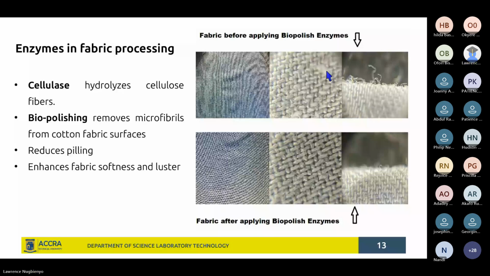That is before the biopolishing. But when you look below, that is the diagram after biopolishing by enzymes. That is after the application of enzymes to the fabric to hydrolyze these small cellulose hairs that are protruding from the fabric. You see the fabric is looking finer. It's looking smoother because those little hairs are removed.